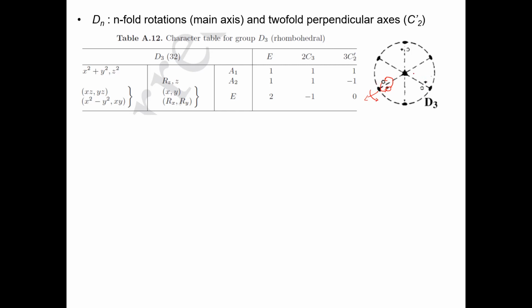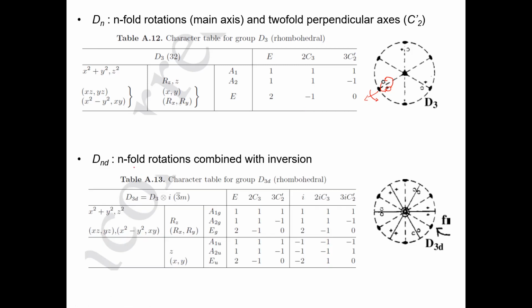And that's the idea of this C2 prime. You usually call C2 prime rotations to indicate that the rotation axis is different, not the main symmetry axis of the molecule. Okay, and this is the character table for group D3.